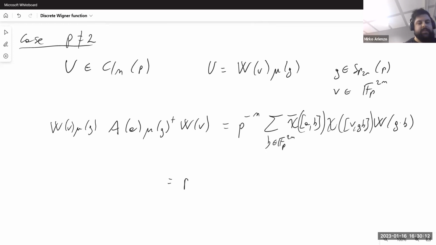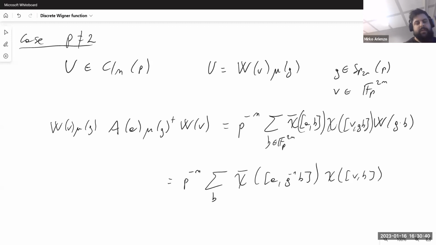So this is p to the minus n, and then we have the sum over B. Then we have this chi bar of A, G to the minus 1 B, chi of VB, W of B. We just send B to G to the minus 1 B in this step.